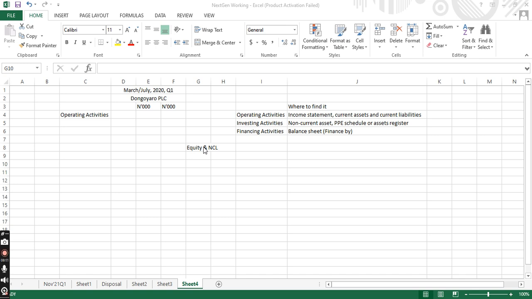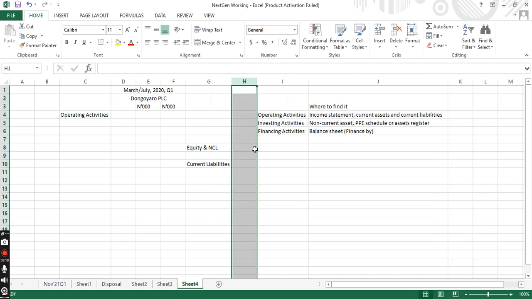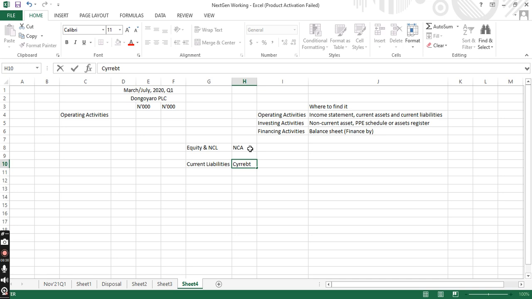Then we have the current liability under it. Then on the other side, we have non-current assets, and below it we have current assets.